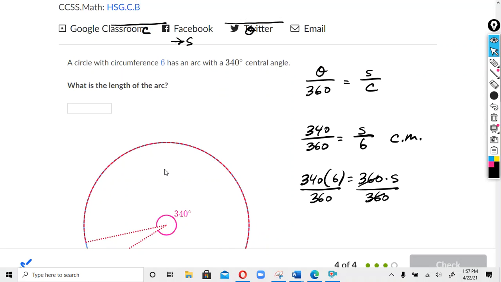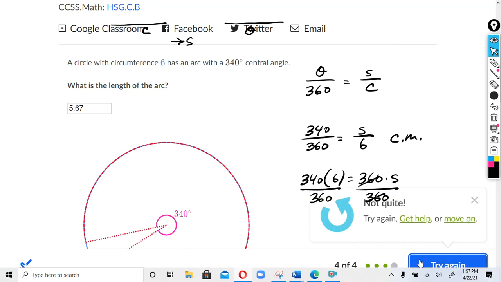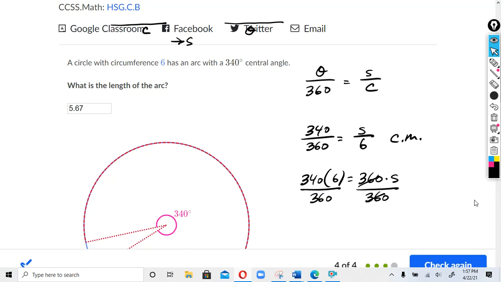Let me see if it takes it as 5.67. It might not, though. I think it's going to make me do a fraction.